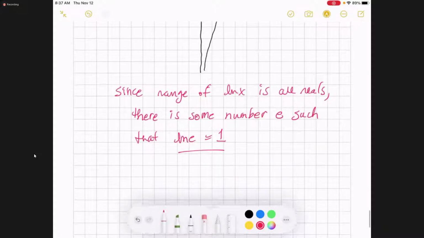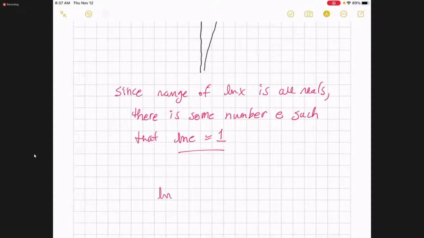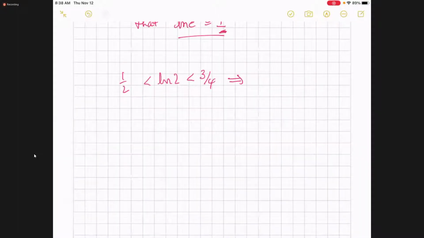E then, well, we know that ln of 2, we actually proved that ln of 2 was less than 3/4 and greater than 1/2. That means if this number has the natural log equal to 1, ln of 2 is less than ln of e. Okay, so 2 is less than e.